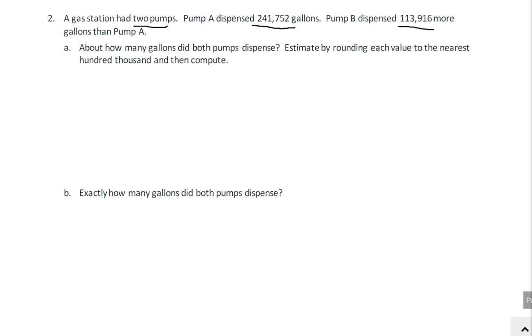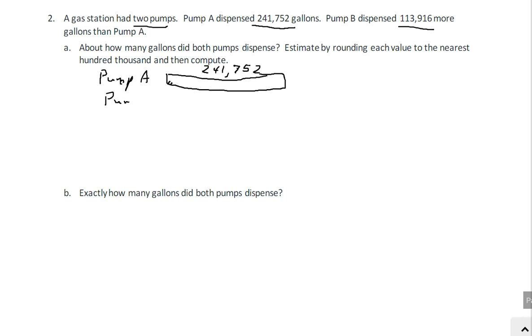All right, well, see if we have pump A, and it has 241,700, oops, 752.